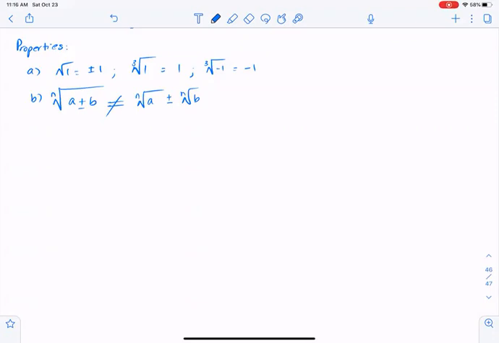So don't make this mistake. This is completely wrong. So you cannot split a radical that has terms in sums or differences.